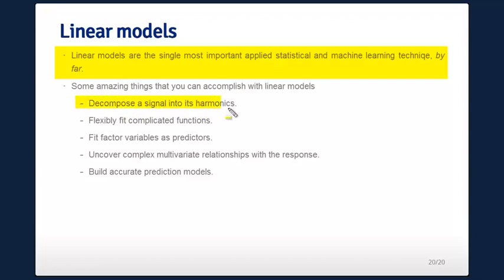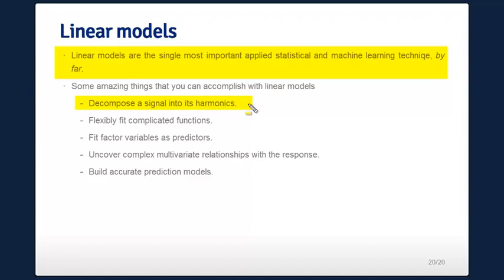One thing is you can decompose a signal into its harmonics with linear models. And I'll do an example of that just for fun later on near the end of the class. But the so-called discrete Fourier transform is nothing other than a linear model. Now, granted, you can fit it a lot faster than the way we taught today, but it's nothing other than a linear model where your x terms are a bunch of trigonometric terms. So we can decompose a signal.